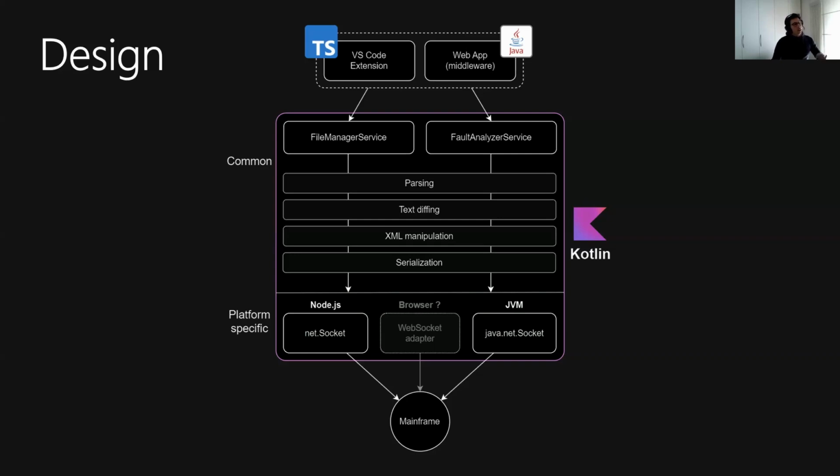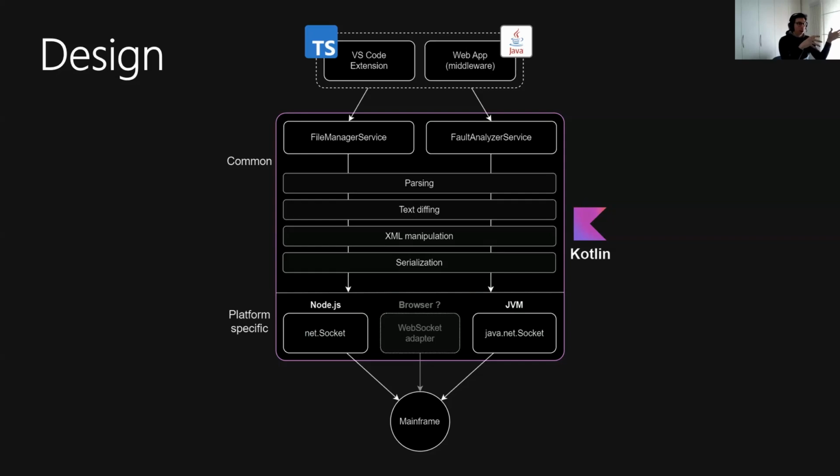And then we have that thin layer of platform-specific code that handles our TCP socket implementation. Unfortunately, each platform uses different APIs to interact with TCP sockets, so there was no way to make that code common. But out of all of the code that we have, that is maybe just 10%.